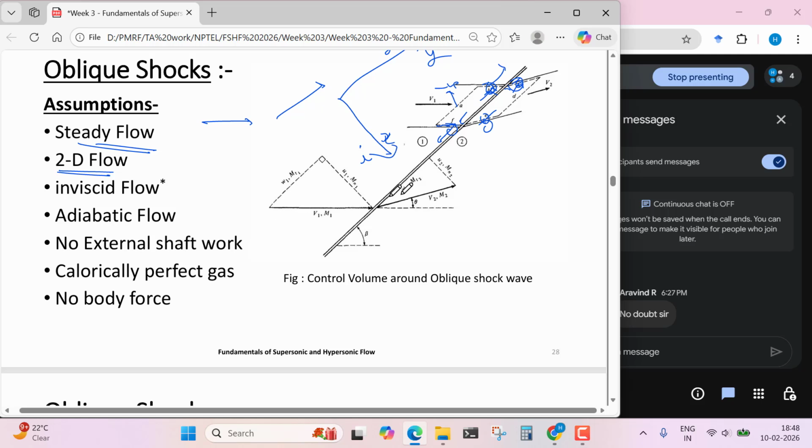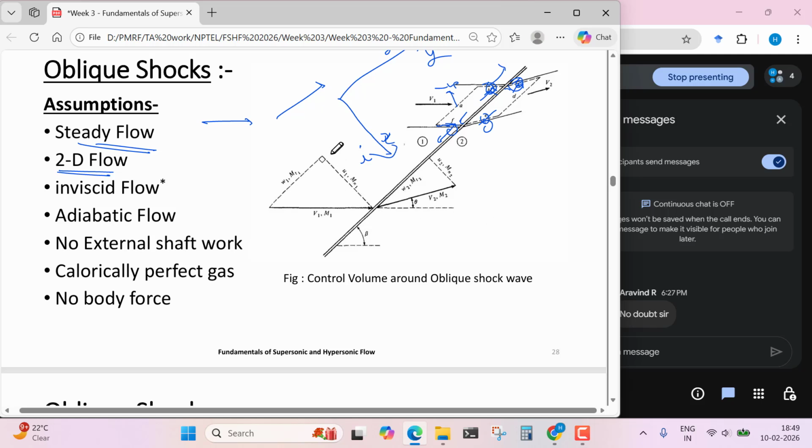So let's say flow is moving with velocity v1 in this direction, and it is turning by angle theta with velocity v2. So we are getting one shock at angle beta, and we can resolve these velocities v1 and v2 along the shock wave and perpendicular to the shock wave.